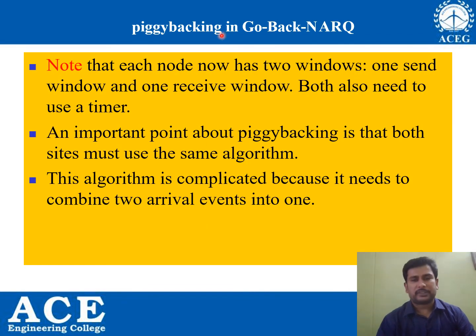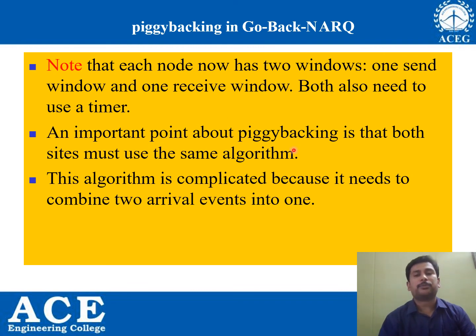A few important points regarding piggybacking in Go Back N ARQ: each side has two windows. So A has two windows, the sender window and the receiver window, and B also has one send window and one receive window. Both A as well as B need to use a timer, as we saw in the previous slide.